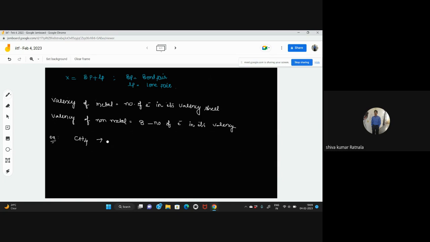What is the carbon valency here? Sir, 6? Carbon's valence electrons, not the atomic number. Sir, 2s2 and 2p2.